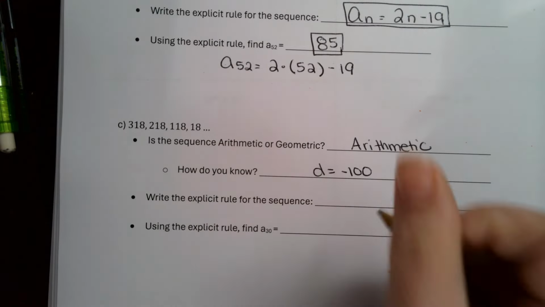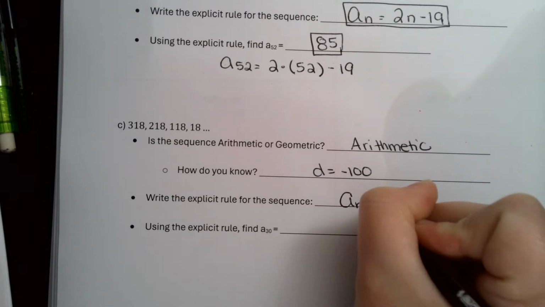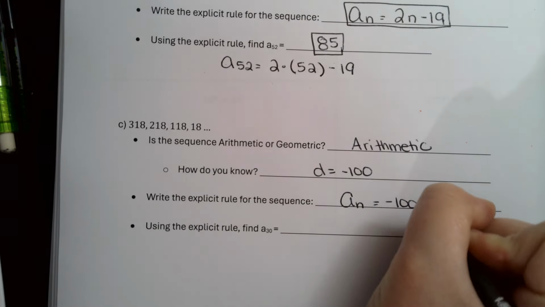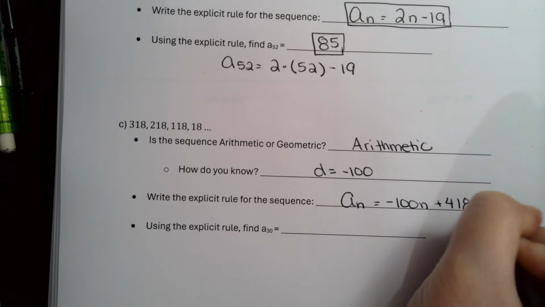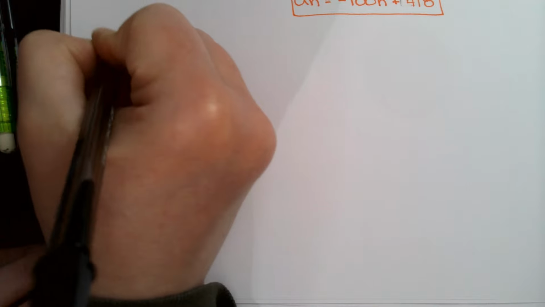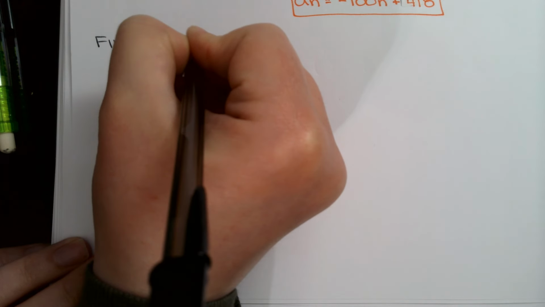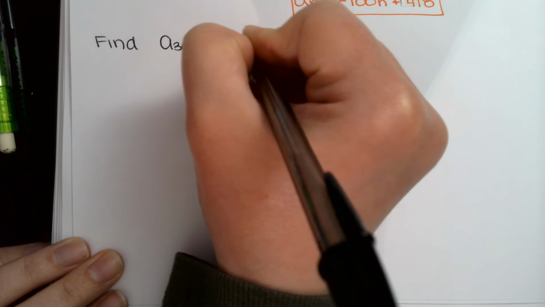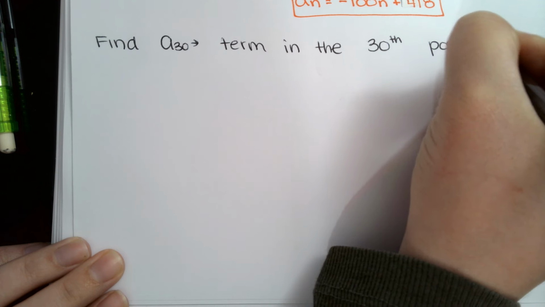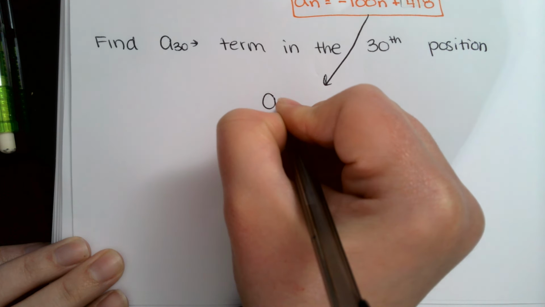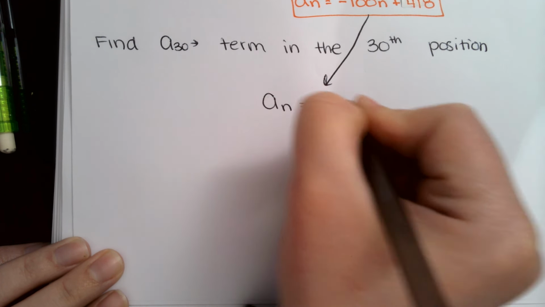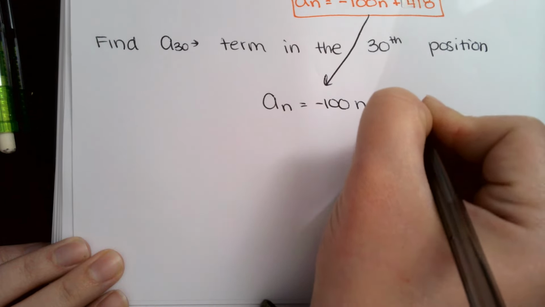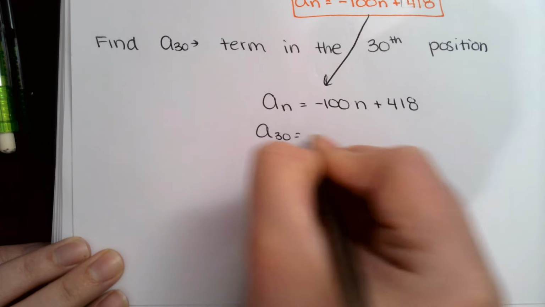Let's write this in. Our formula was a sub n is equal to negative 100n plus 418. Again, to find a sub 30, that means they are asking us for the term in the 30th position, which means when we take our formula, we're going to open up for n and put in the number 30.